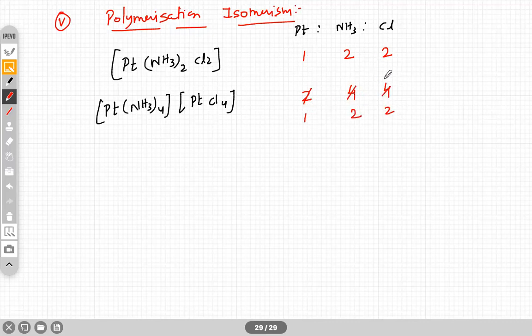So if this kind of ratio is the same, different molecular formula but stoichiometric composition is same, then these compounds are polymerization isomers. Did you get it?